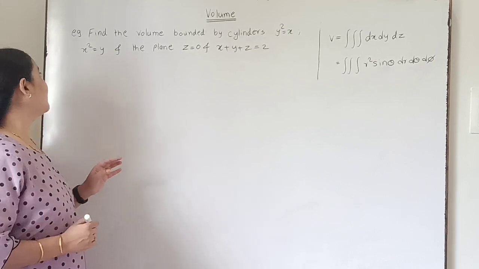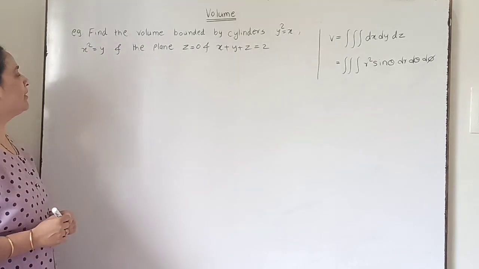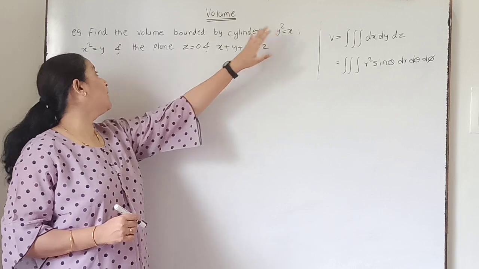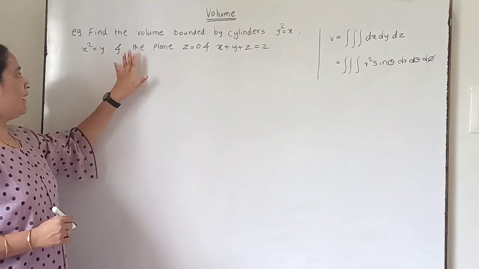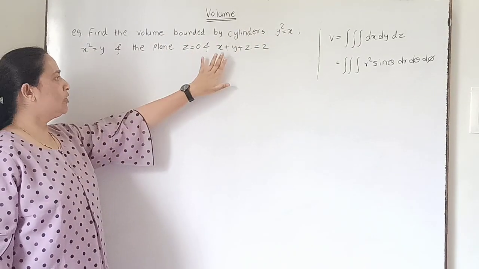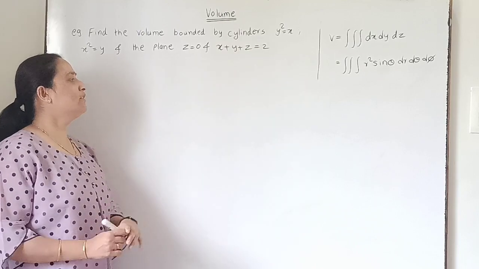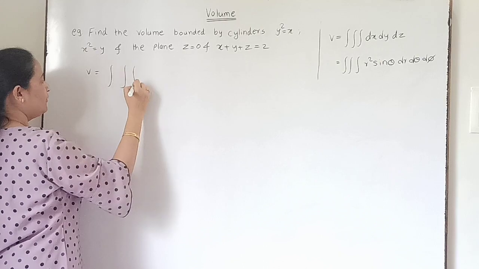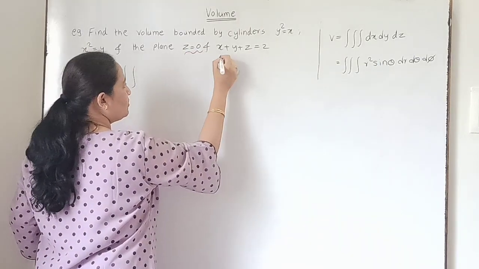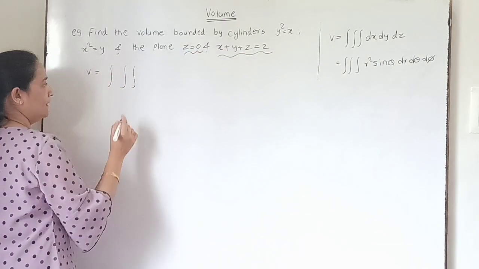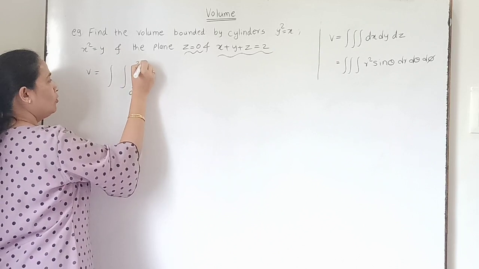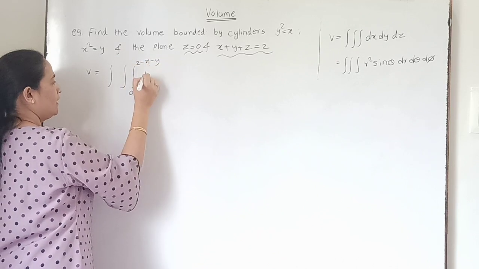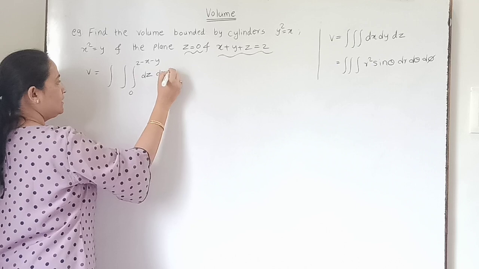Now take the third example. Find the volume bounded by the cylinders y square equal to x, x square equal to y, and the planes z equal to 0, x plus y plus z equal to 2. First, if I integrate with respect to z, z varies from 0 to this plane, that is 0 to 2 minus x minus y, dz dx dy.